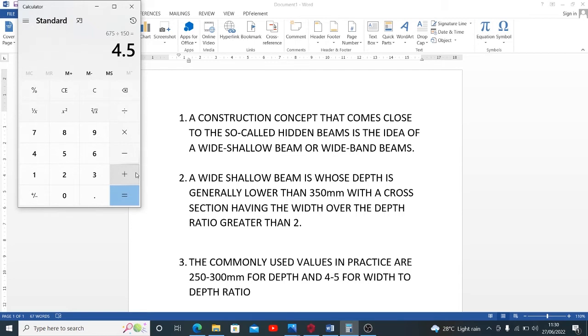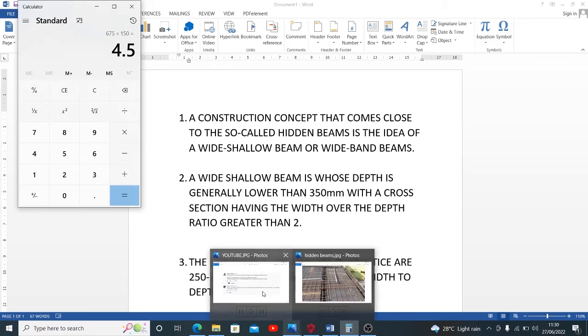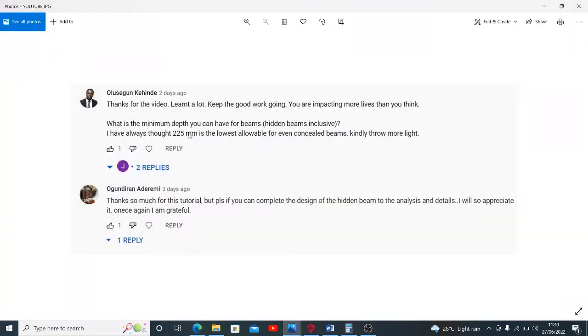And the third point here says that the commonly used values in practice are 250 to 300 mm. So it will mean that Mr. Olusegun Kende would be right saying that he has always thought that 2 to 5 is allowable. That might be some practices elsewhere, but I'm bringing a perspective of what is applicable.